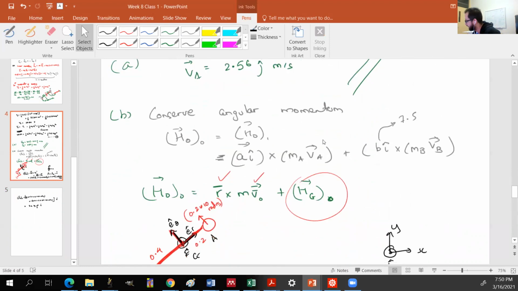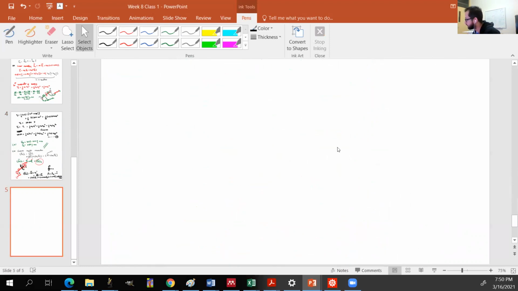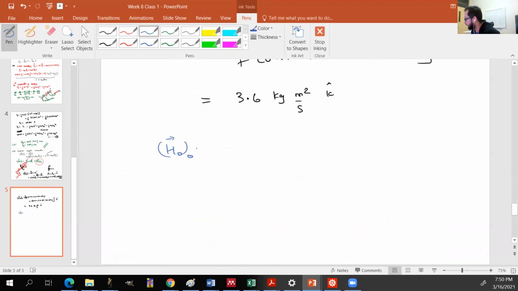You're done with everything you need to do, because in this expression R and V naught are known. So you can write that H of O, with respect to O, is equal to R bar, which initially, you're told, is G 2 meters above X, so it's just 2 J hat, crossed with your V bar vector, which is 5.4 I hat plus 4.32 J hat plus 3.